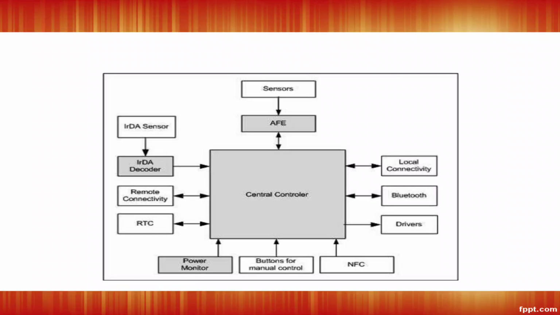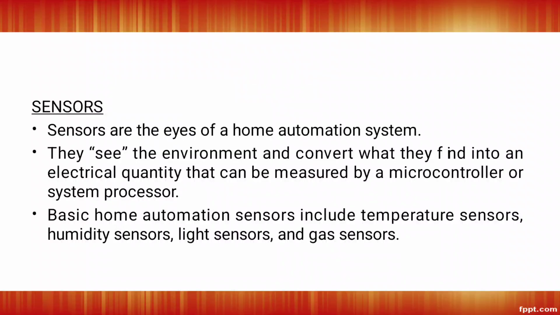So, this is the diagram of a centralized controller. We have a central system, and all the sensors, AFE, IrDA sensor, IrDA decoder, remote connectivity, RTC, power monitor, button for manual control, NFC, drivers, Bluetooth, local connectivity, all are connected to the centralized control system. So, we have certain sensors.